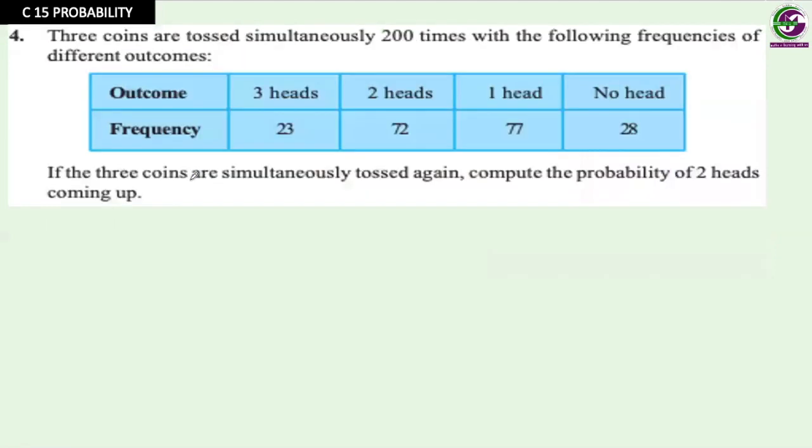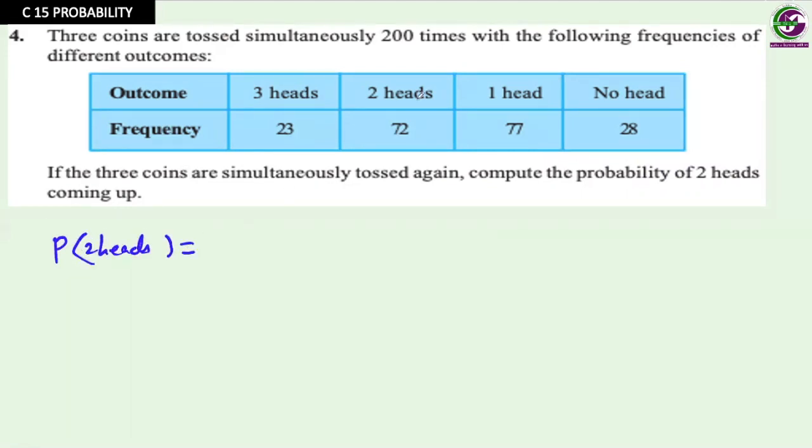Let's see question 4. 3 coins are tossed simultaneously 200 times with the following frequencies of different outcomes: 3 heads, 2 heads, 1 head, and no head. If the 3 coins are simultaneously tossed again, compute the probability of 2 heads coming up. Means we just have to find the probability of having 2 heads.